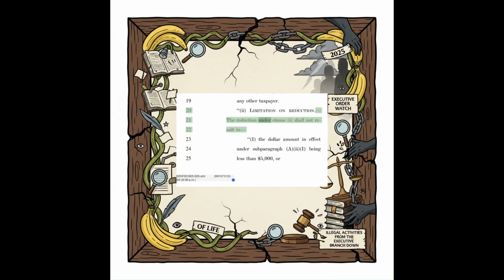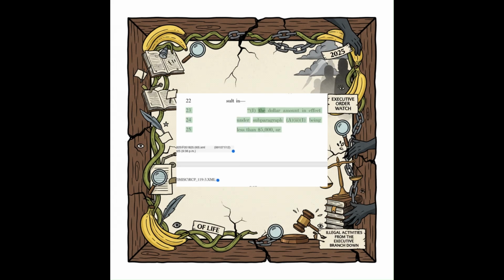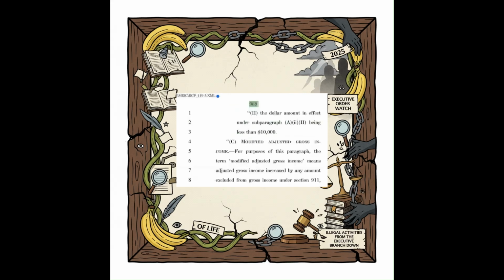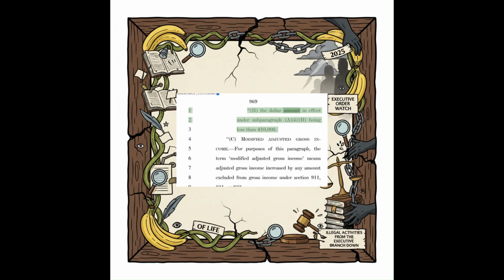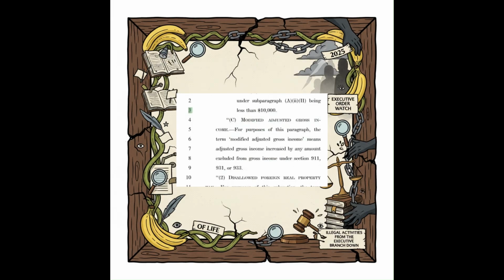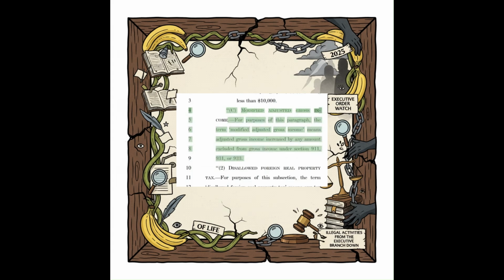The reduction under clause shall not reach the dollar amount in effect under subparagraph being less than $5,000 or the dollar amount in effect under subparagraph being less than $10,000. Modified adjusted gross income. For purposes of this paragraph, the term modified adjusted gross income means adjusted gross income increased by any amount excluded from gross income under Section 911, 931, or 933.